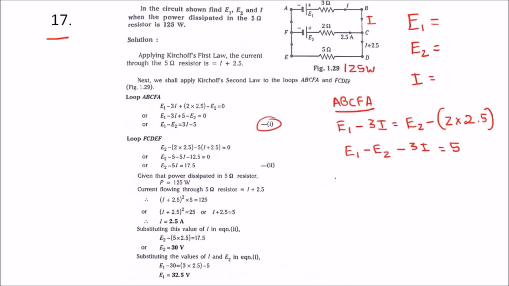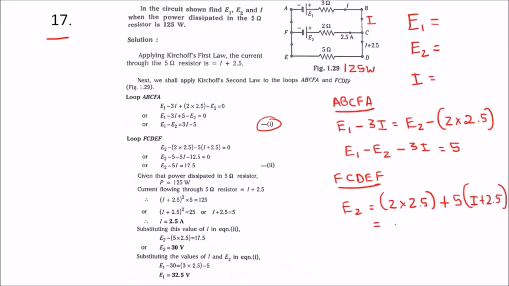Next loop is F, C, D, E, F. Again we write the loop equation. E2 is equal to 2 into 2.5 plus 5 into (I plus 2.5). So this will be the second equation.